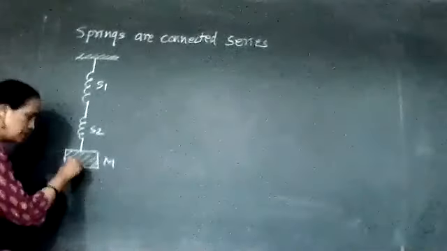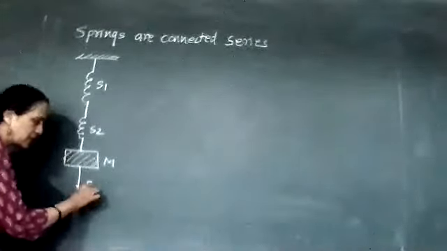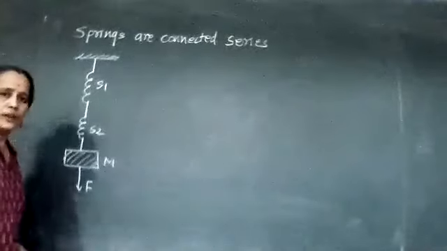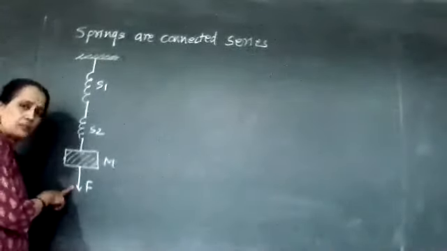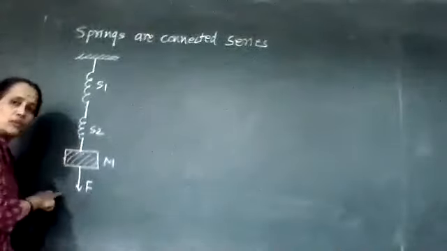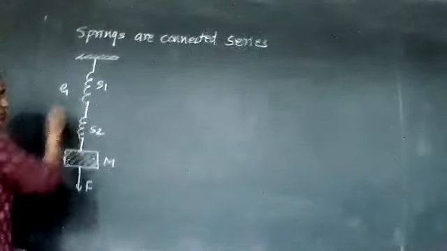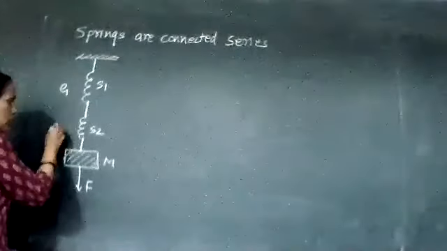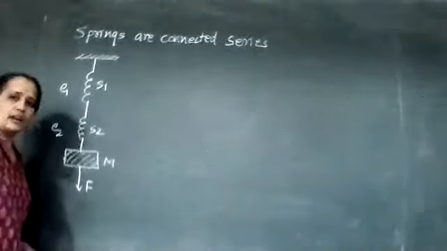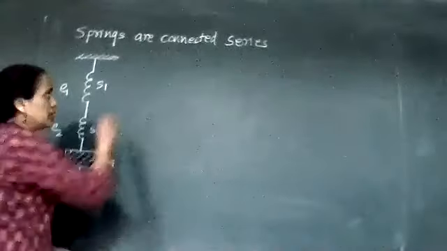If I pull that mass, I apply a certain force, so both spring S1 and spring S2 get extended. Let's consider P1 is the extension in spring S1 and P2 is the extension in spring S2. This is one way to connect them in series.